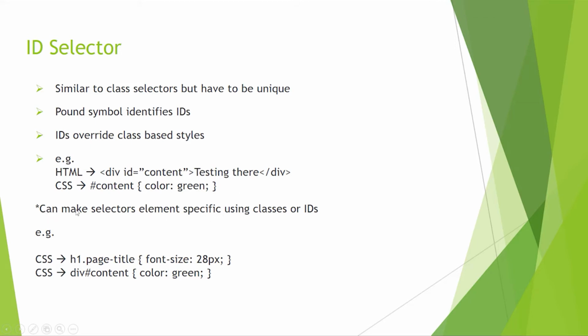A little note here, you can make the selectors element specific using classes or IDs. So in the CSS, you could say that within header 1, the class page title makes the font size 28 pixels. Then you could have another line saying within paragraph, the page title makes the font size 14 pixels.